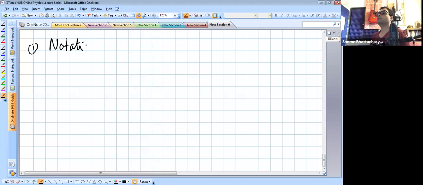How we use symbols for vector operations. Let's understand that.